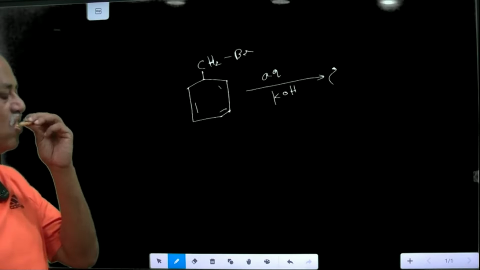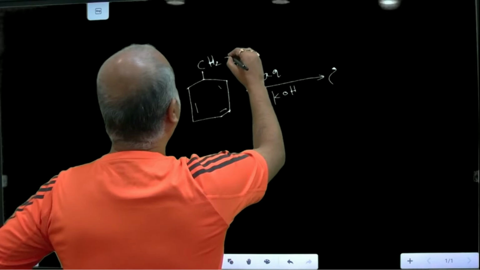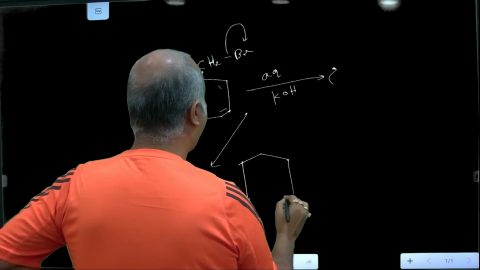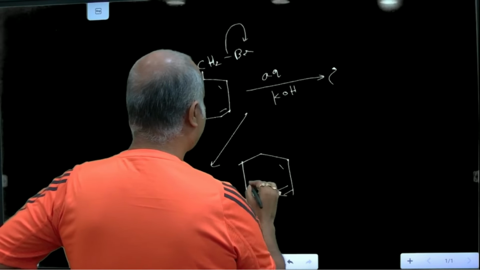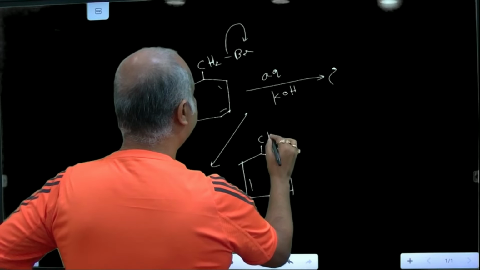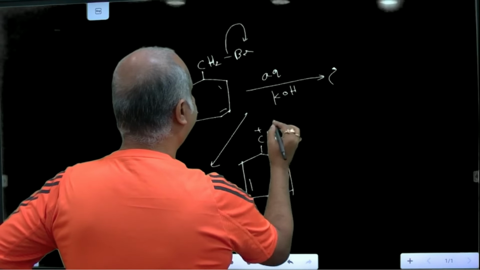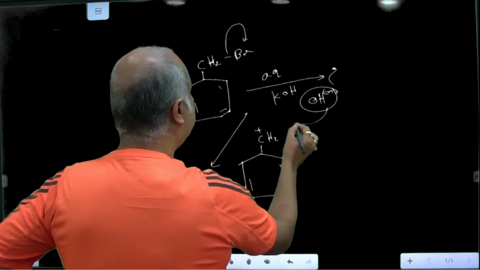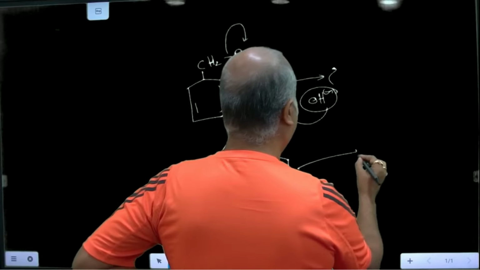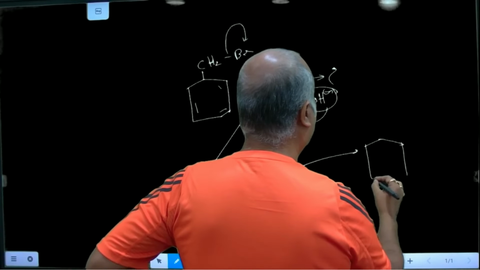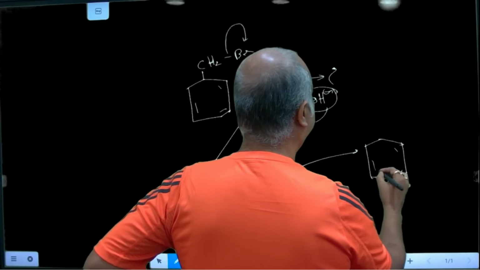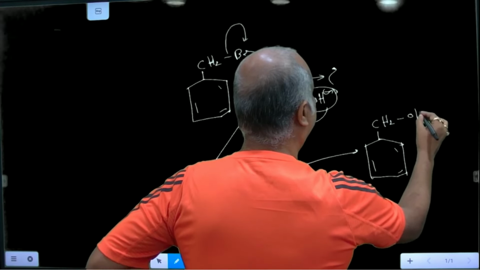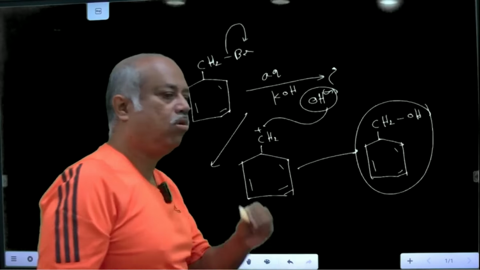Benzyl bromide reacts with aqueous KOH. The leaving group leaves, and this OH minus attacks, and this one is benzyl alcohol.